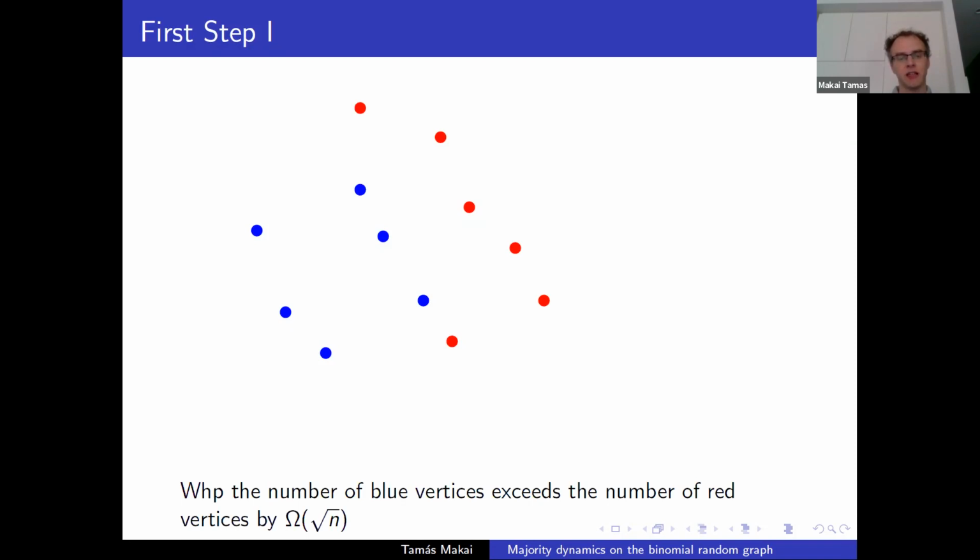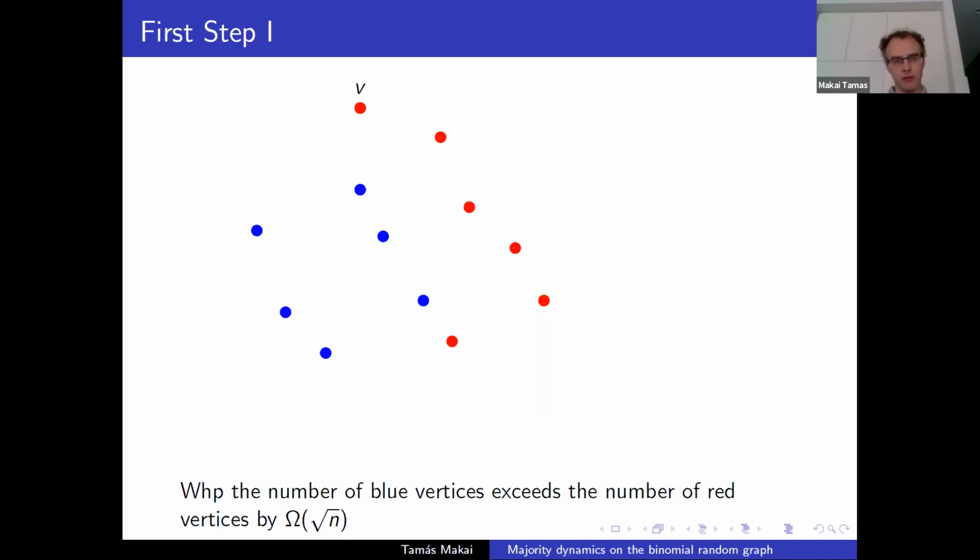This means that with high probability, the difference between the number of blue vertices and the number of red vertices will be of order √n. And let's just assume for the remainder of the talk that there are more blue vertices than red, although the picture doesn't completely represent this.